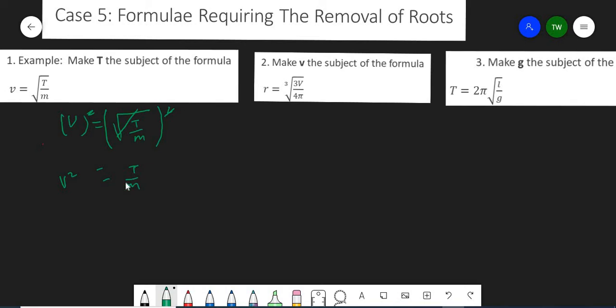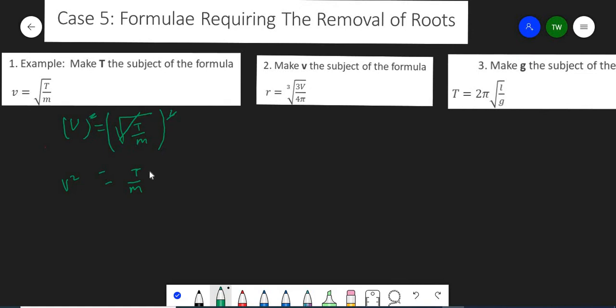So we have to look at what is happening to the t here, because remember that we want to make t the subject. So realize that this t is being divided by m. So in order to transfer the m to the other side of the formula, we can do the opposite, which is to multiply both sides by m.